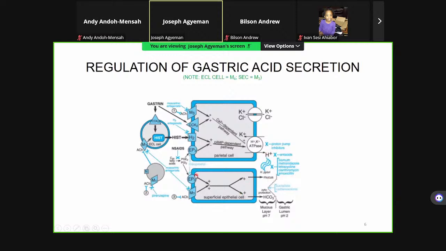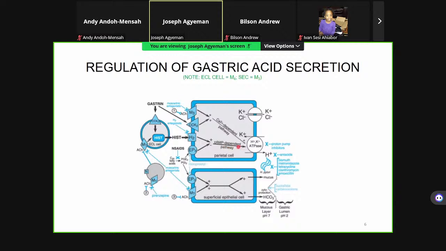Again, this same prostaglandin acting on the EP3 can cause the release of bicarbonate. This is a base. Once you have a base, it can neutralize the acid, and that can help protect you from the harmful effects of the acid. Is it okay? So 3 main benefits here for prostaglandins.